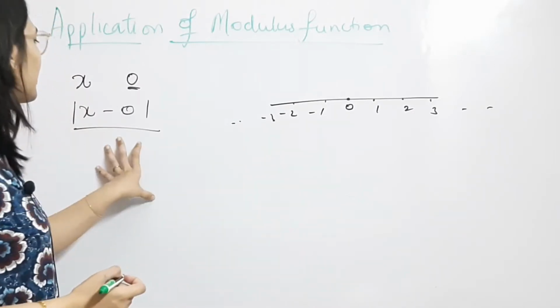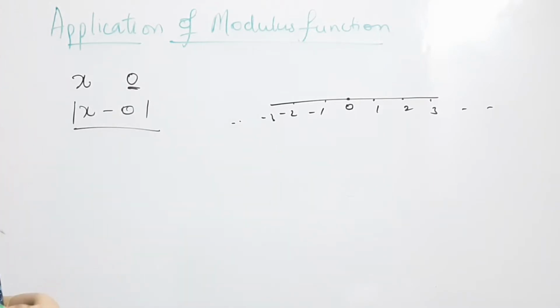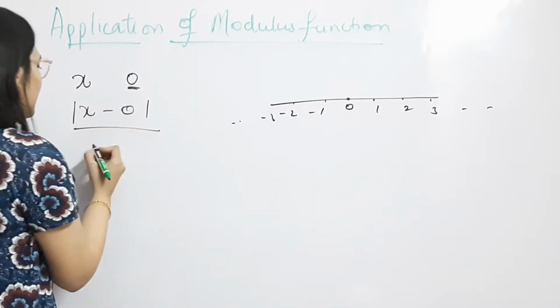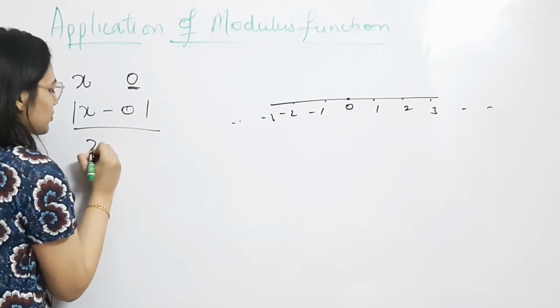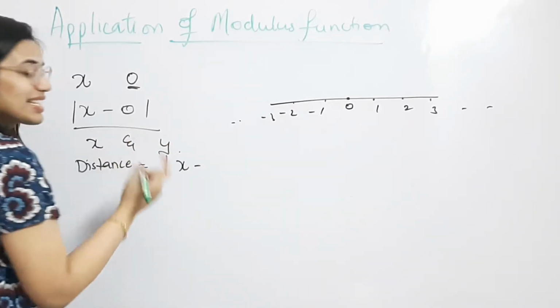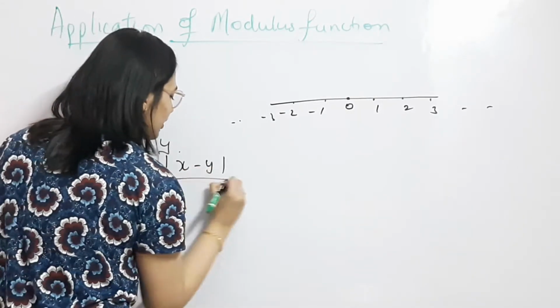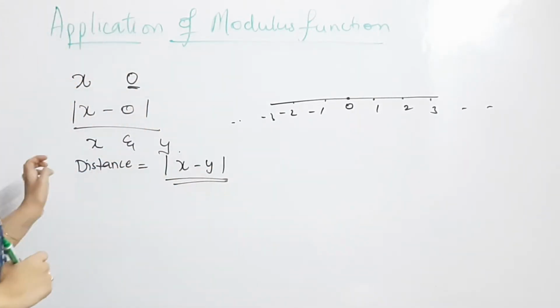That is the reason why we use mod, in order to convert the negative number to positive. That means if we want to find the distance between x and y, it can be calculated using mod of x minus y.